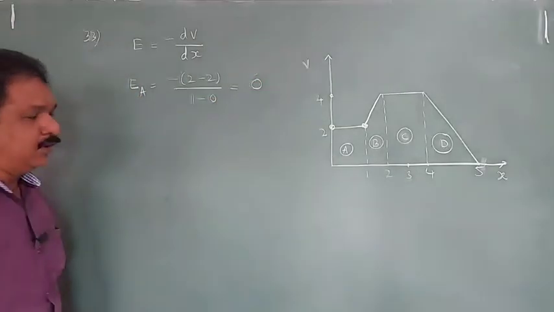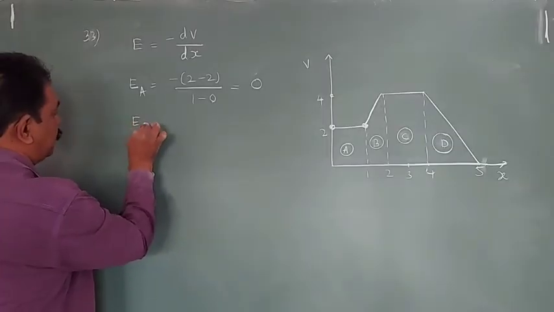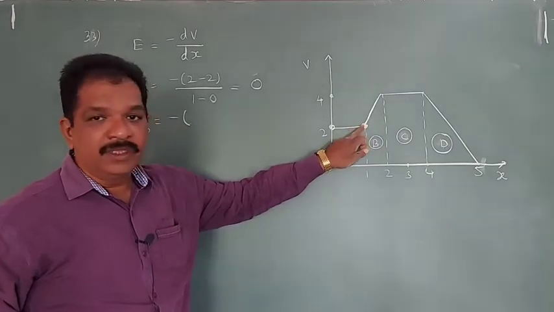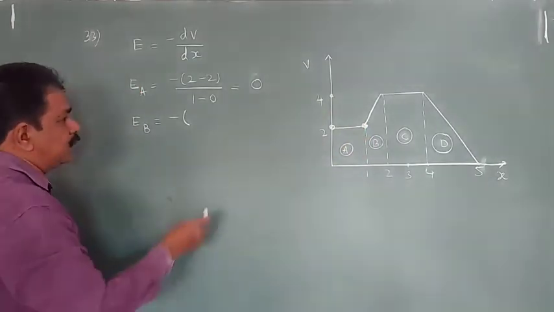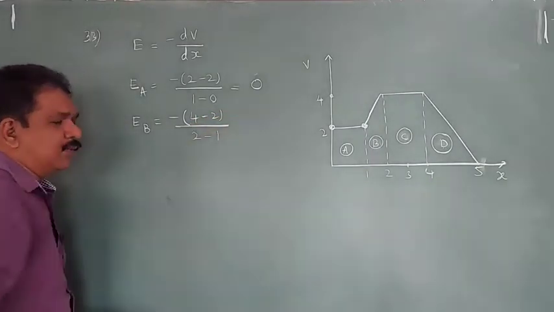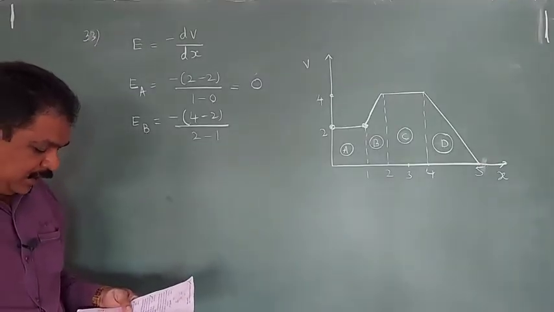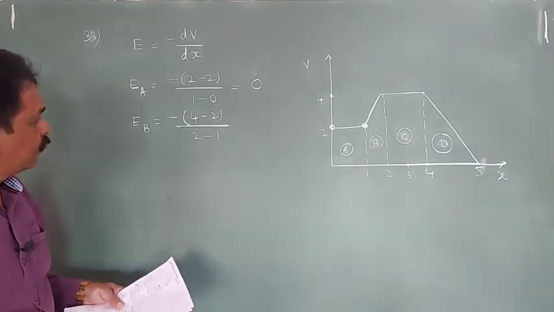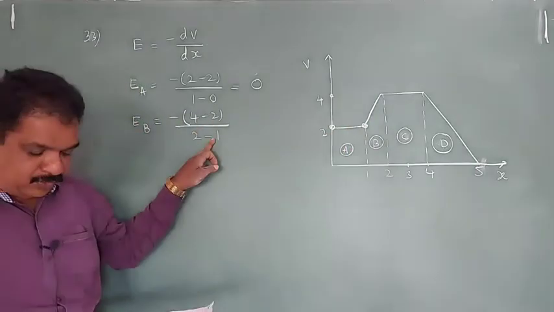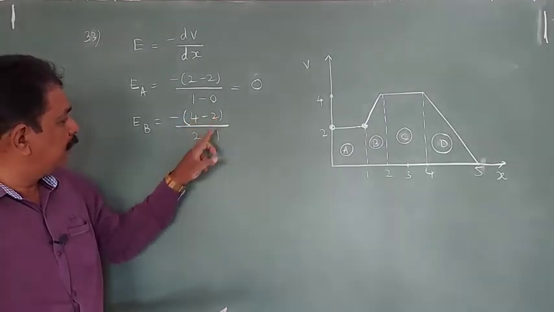This is equal to 0. For B, if we calculate, EB is equal to minus, here this will be 4, here it will be 2. So this value 4 minus 2 by 2 minus 1. So this value will be minus 2 by 1.